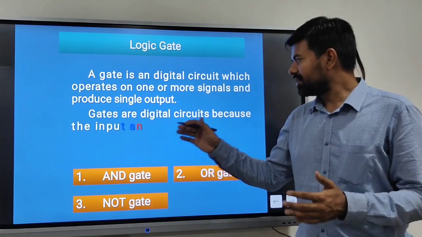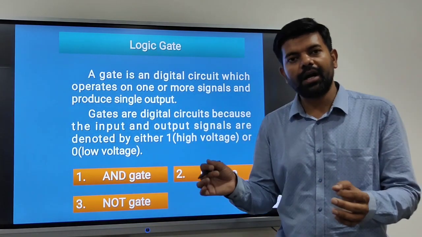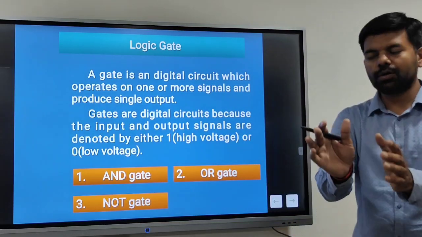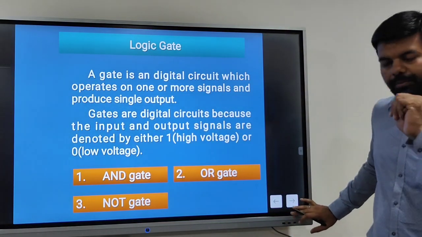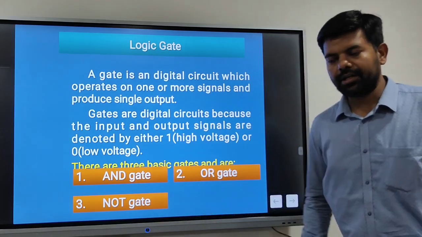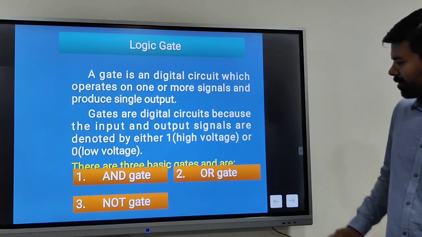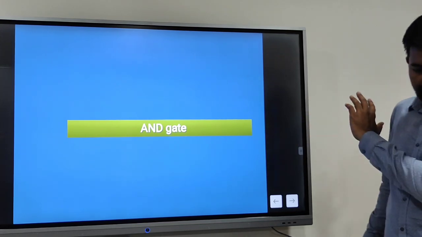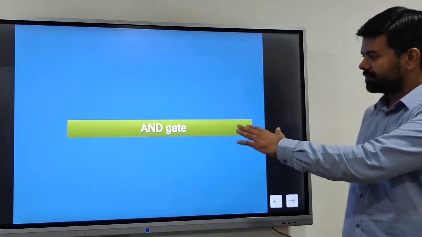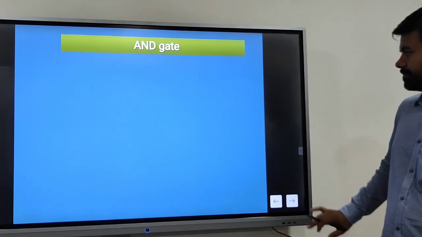Gates are digital circuits because the input and output signals are denoted by either false or true, 0 or 1. There are three basic gates, that is AND gate, OR gate and NOT gate, by which we will perform all the logical operations. First we will discuss the AND gate.